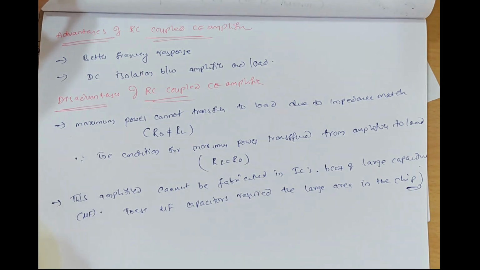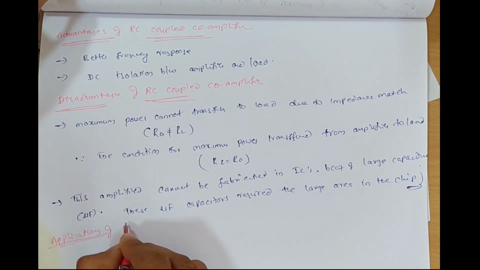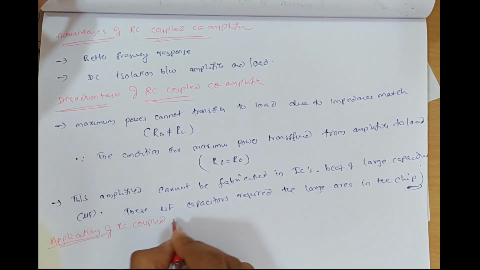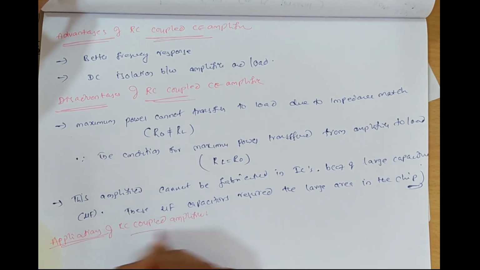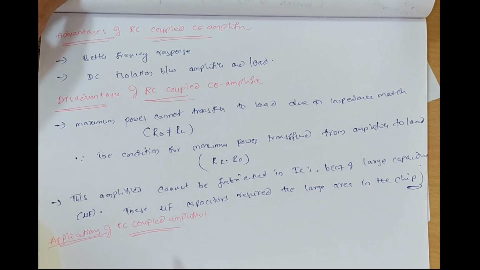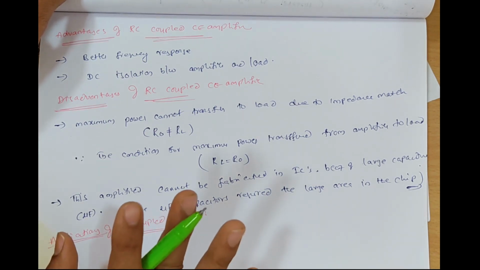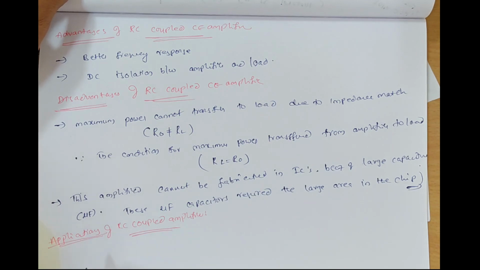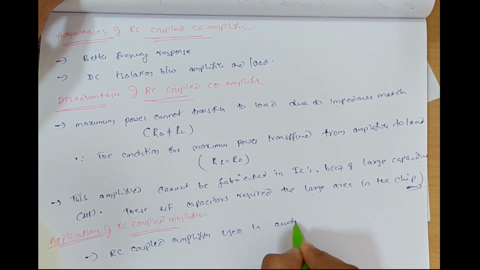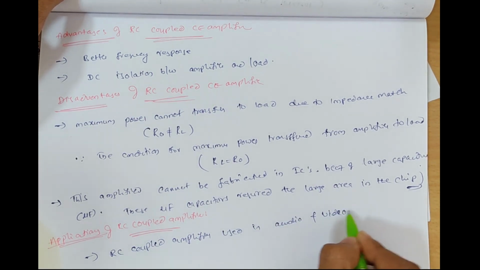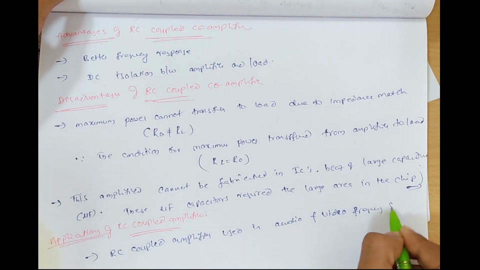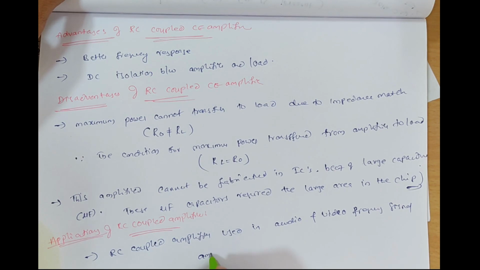Next, applications of the RC coupled amplifier. Where do we use it? The RC coupled amplifier is basically used for audio frequency signals, and sometimes for video frequency signal amplification.